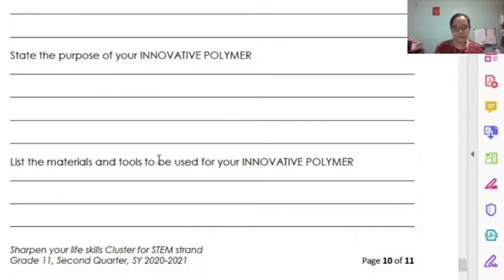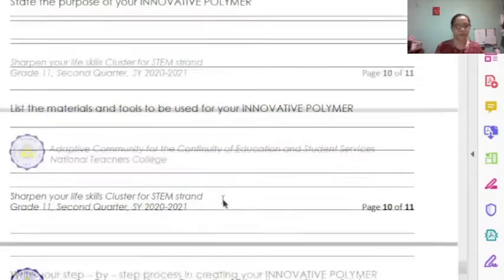List the materials and tools to be used for your innovative polymer. So, of course, if you will repurpose it, you will be needing some materials to at least decorate it or to serve its purpose.